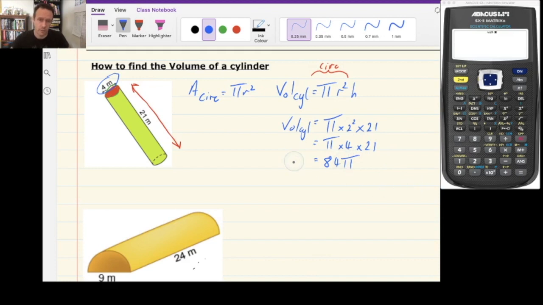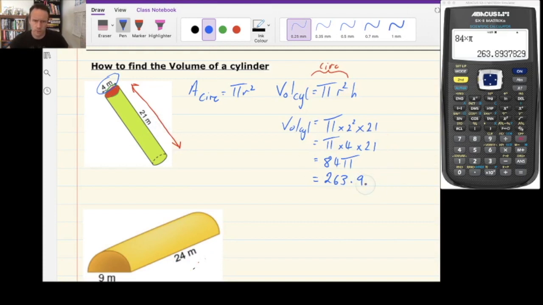If you're asked for an exact value, you can leave it as that. And then if we want the approximate value, which might mean a little bit more to us, we do 84 times pi. And our approximate value is 263. Let's take it to one decimal place, 263.9, because our 8 is rounded up by the 9.